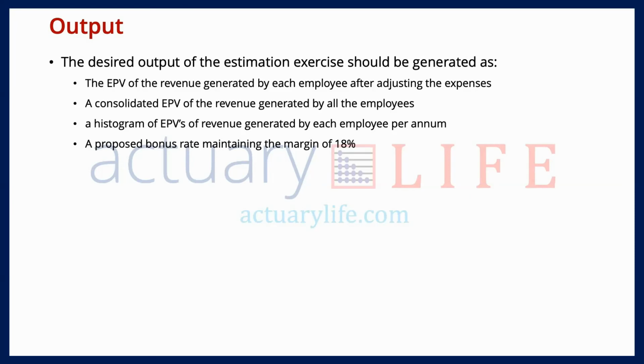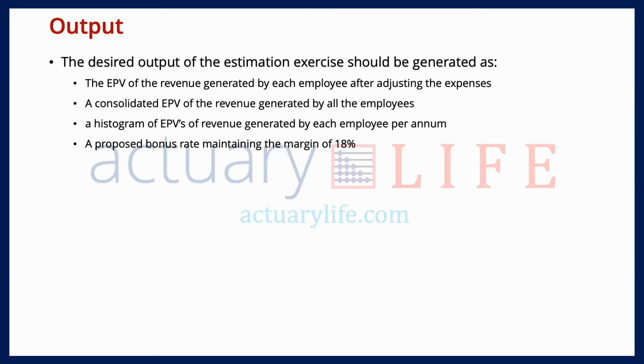You need a consolidated EPV of the revenue generated by all the employees. So that means if you want to take all the revenues at one place, you can do that. Just calculate the EPV of all the revenue cash flows, or you can also do this as a net cash flow as well. So consolidated means it's not each month, but just added over the entire year.